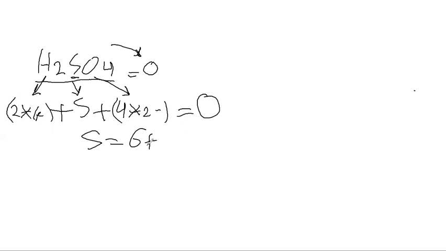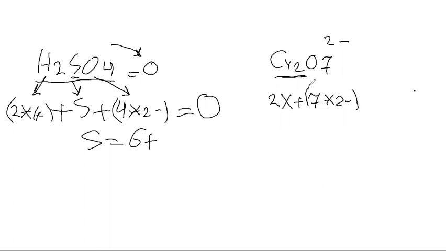Look, when we have a negatively charged ion, like Cr2O7 2 negative, we need to find the oxidation number for Cr. Here we can assume Cr is X, because we have Cr2, so it will be 2X plus 7 times 2 negative for each oxygen, will equal the charge, 2 negative.